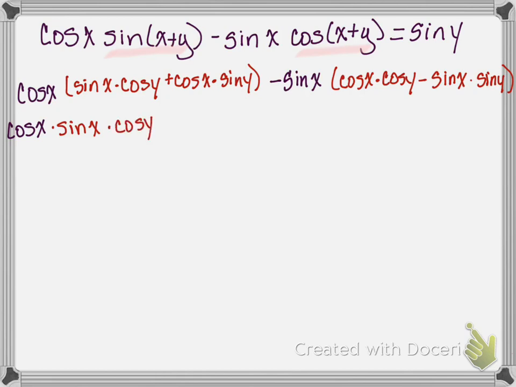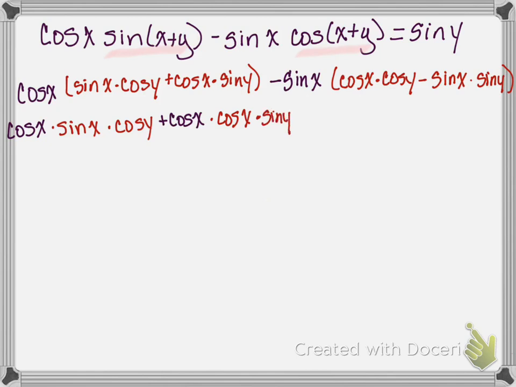And I am distributing again cosine of x, and that is being multiplied by cosine of x. So hopefully there you're seeing that that's going to give me cosine squared times my sine of y.